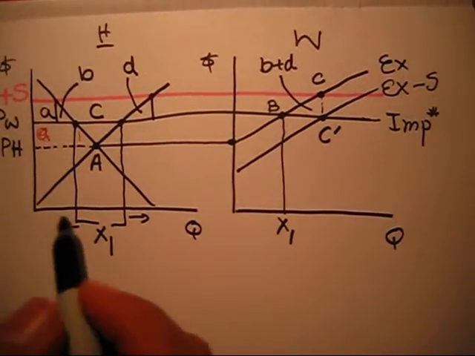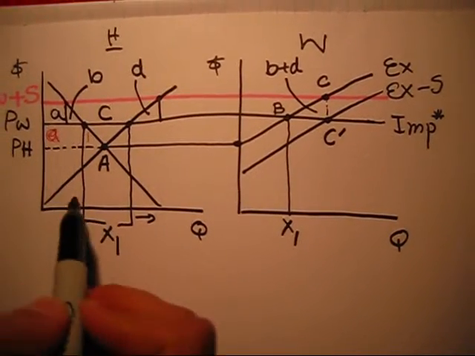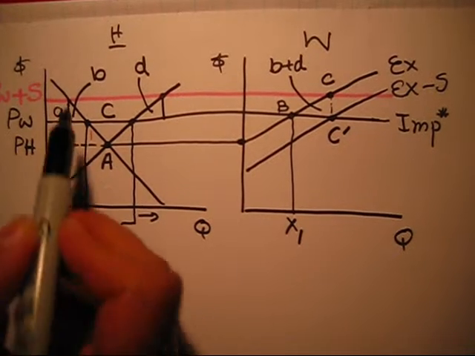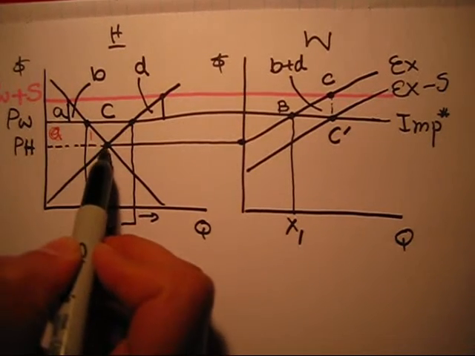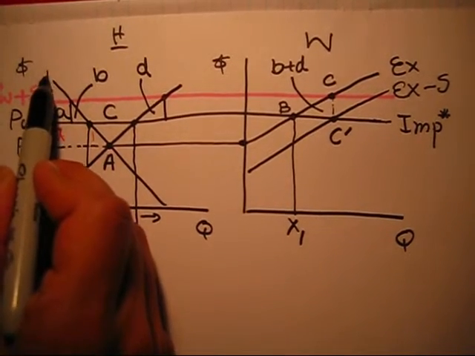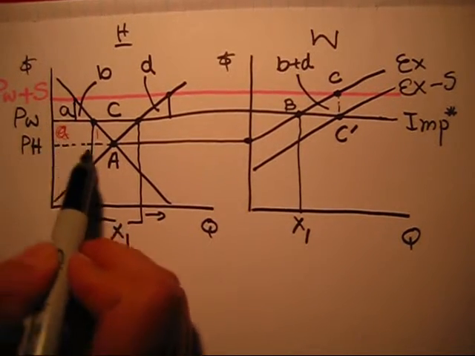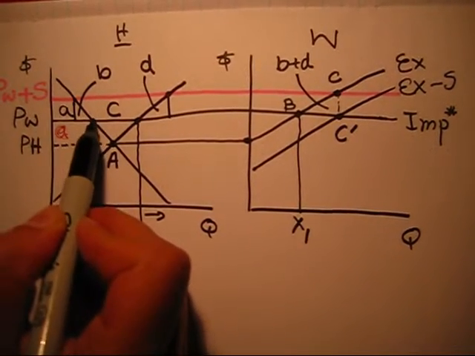So what happens now is, originally consumer surplus was the area under demand from here up to PW.